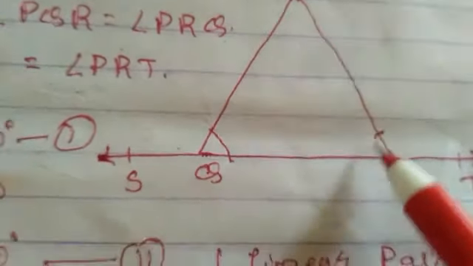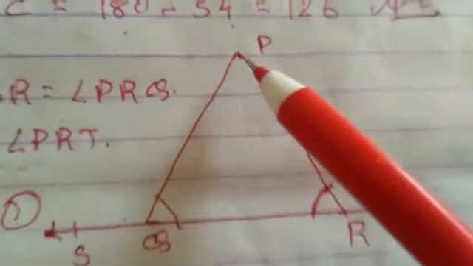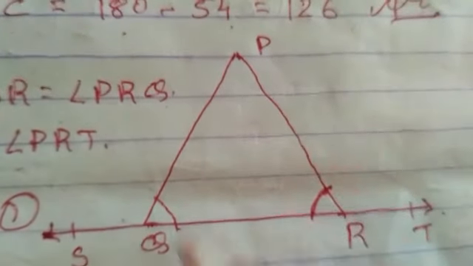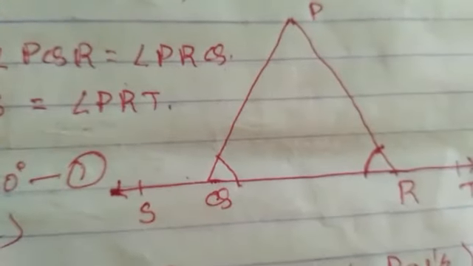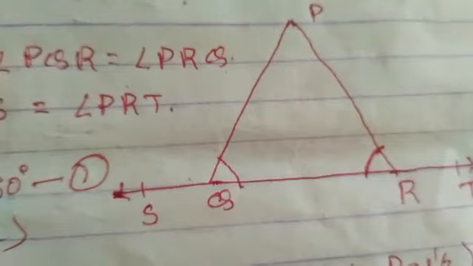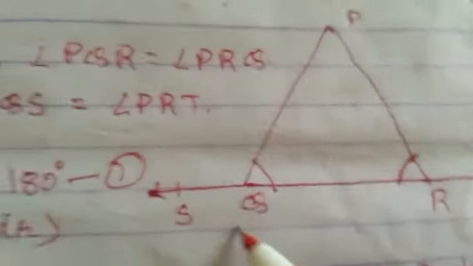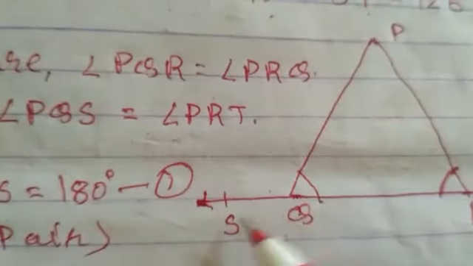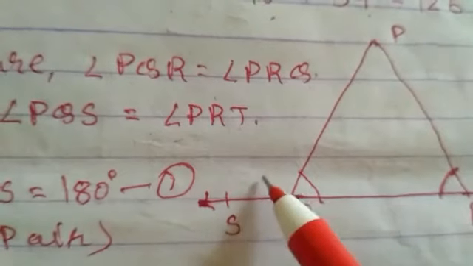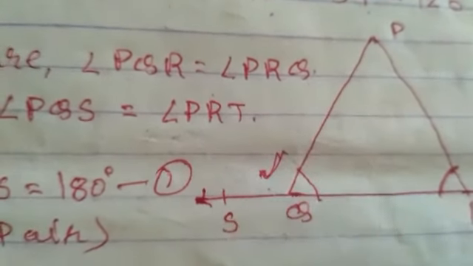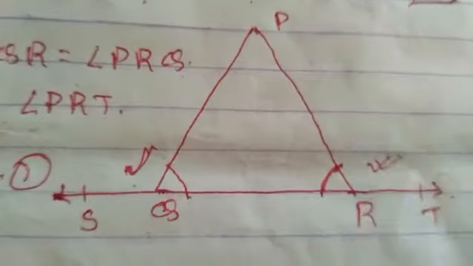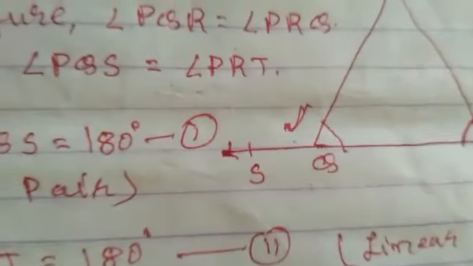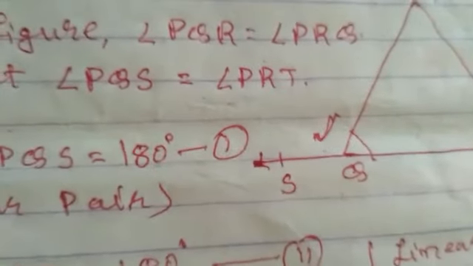So now triangle PQR becomes an isosceles triangle because their base angles are equal. So now we have to prove that angle PQS, this angle, is equal to angle PRT, this angle. These two are equal. This is to be proved.